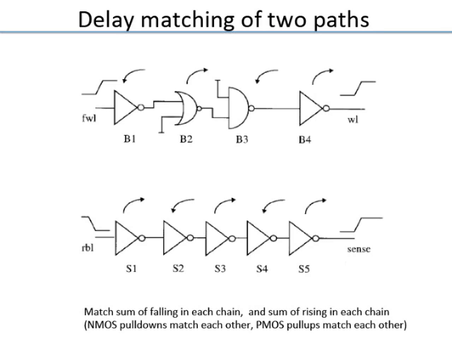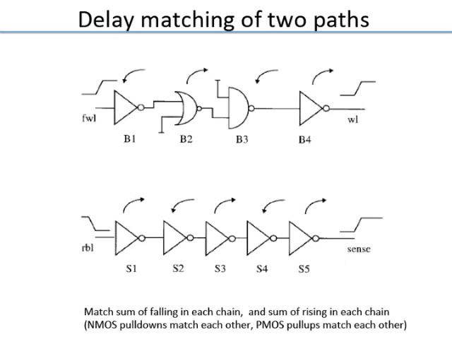This problem also happens when you want to generate clock and clock bar. You have a single polarity signal and you want to generate a differential signal. You want the differential signal to happen at the same time, so that there is a difference. But then one path will have an even number of stages, the other path will have an odd number of stages.